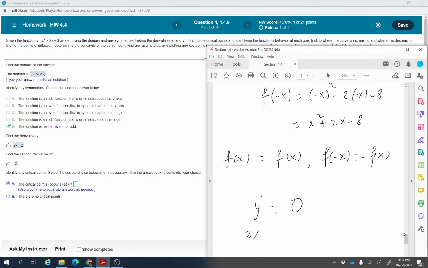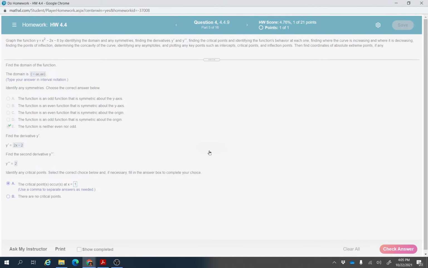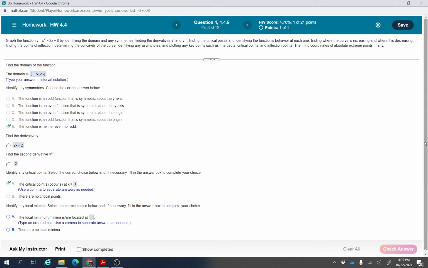Okay, so just equate 2x minus 2 equals 0 and solve for x. That will give you x equal to 1. So x equal to 1 is a critical point. Now we need to find out where the graph has a local maximum or local minimum.